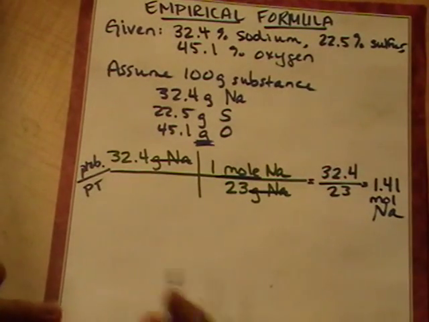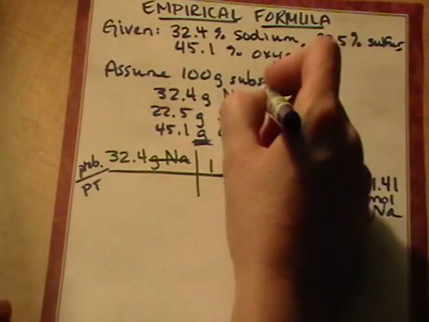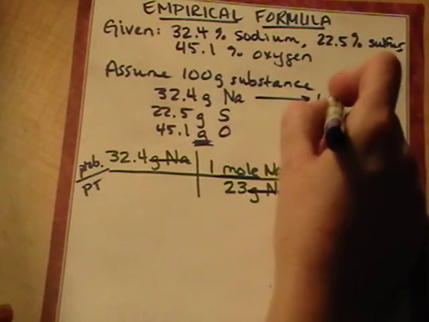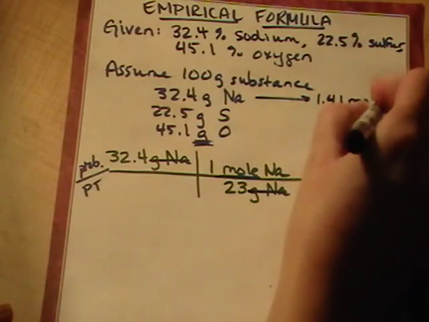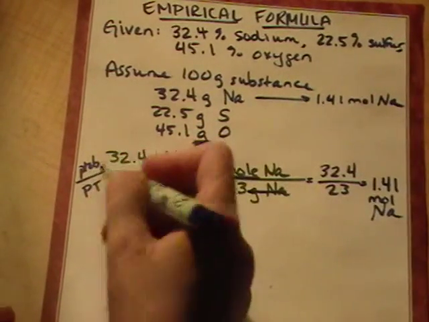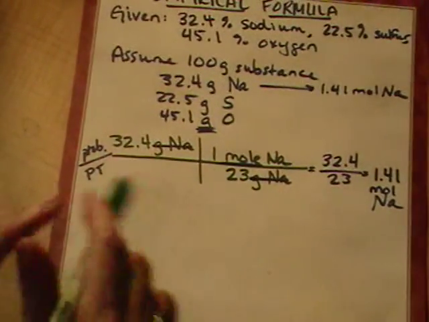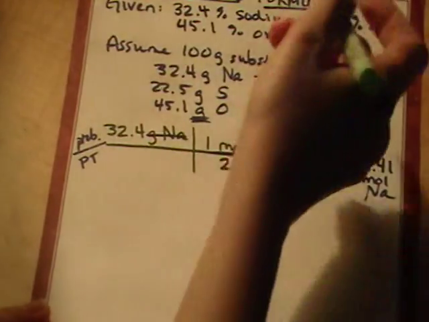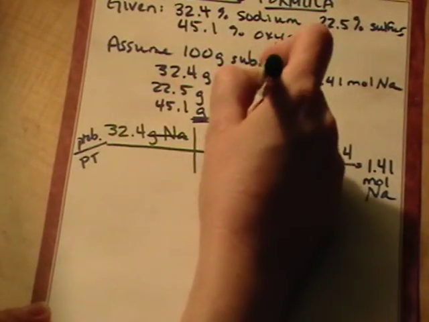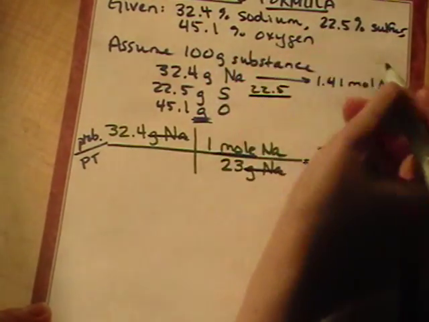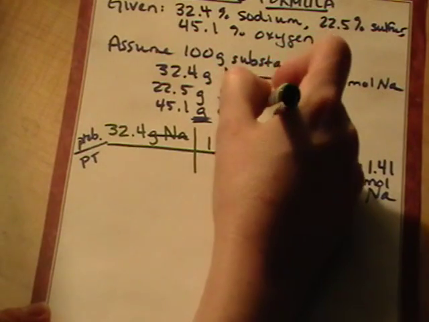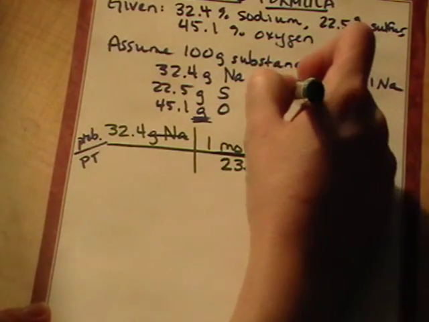Okay. Now we're going to just take a shortcut for the rest of them. I'm going to save 1.41 moles of Na. We're going to take the amount given in the problem, divide by the periodic table. So, amount given in the problem, I have 22.5. Amount on the periodic table, 32. That's the atomic mass.